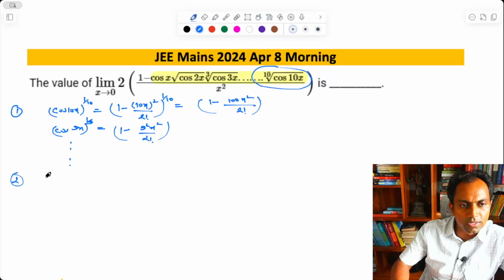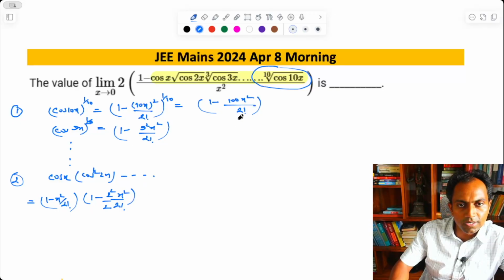So if I put it in this part, that is cos of x, then cos of 2x raised to the power 1 by 2, and in all of these terms, if I put these values, the first will become 1 minus x square by 2 factorial, 1 minus 2 square x square by 2 factorial divided by 2.